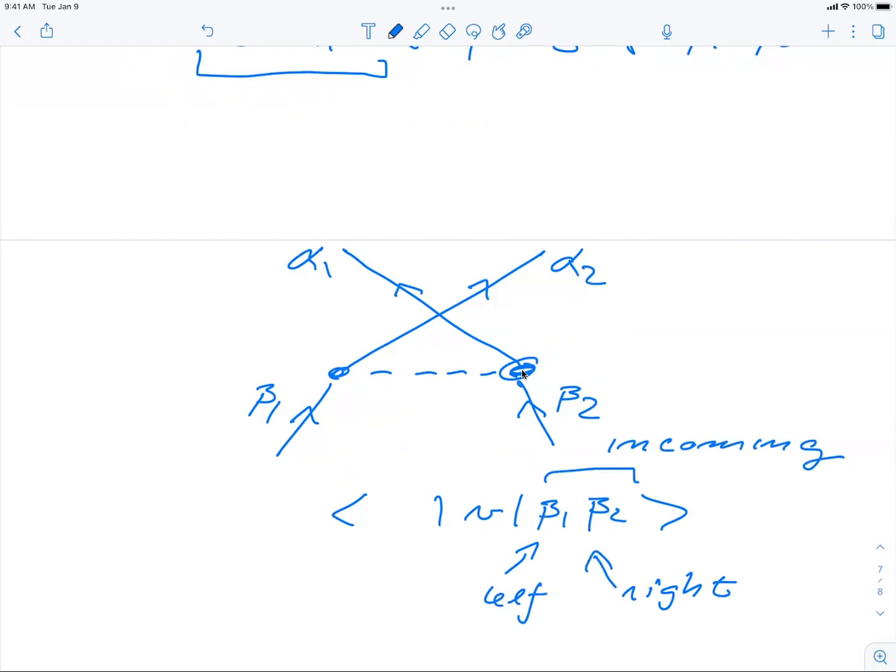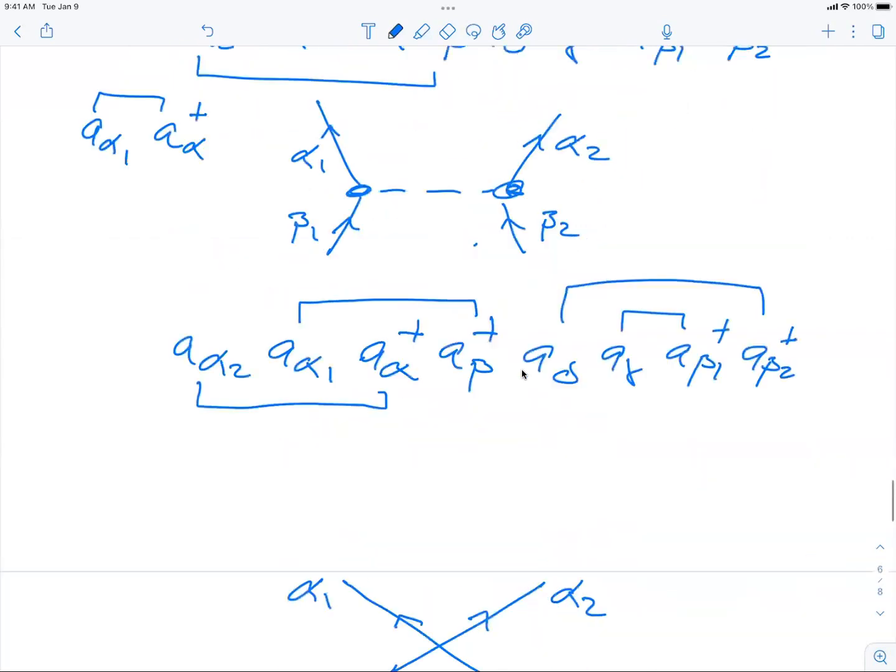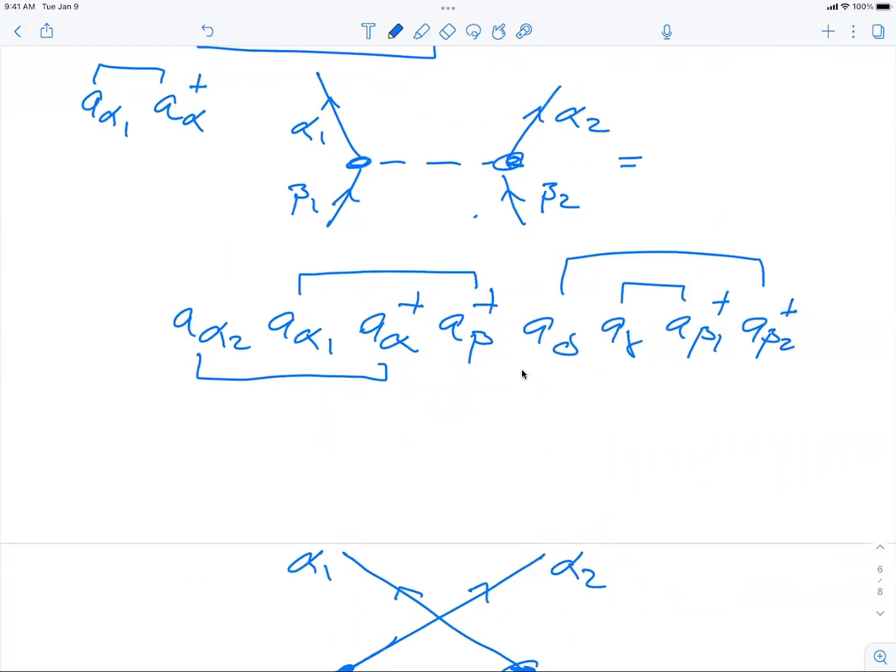Now, I have to be a little bit careful, since I have interchanged alpha 1 and alpha 2. Looking at the diagram, alpha 2 is the one to the left here, and alpha 1 is here, so this becomes alpha 2 and alpha 1. So it's the one which leaves to the left out of the vertex. If I go back to this term, this would now read alpha 1, this is the left, alpha 2, which is the right, and then I have V, and then I have beta 1, beta 2.